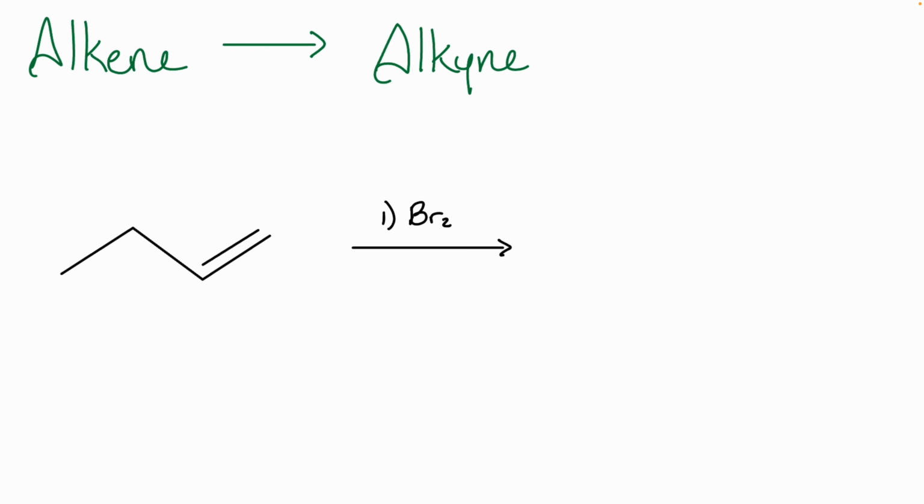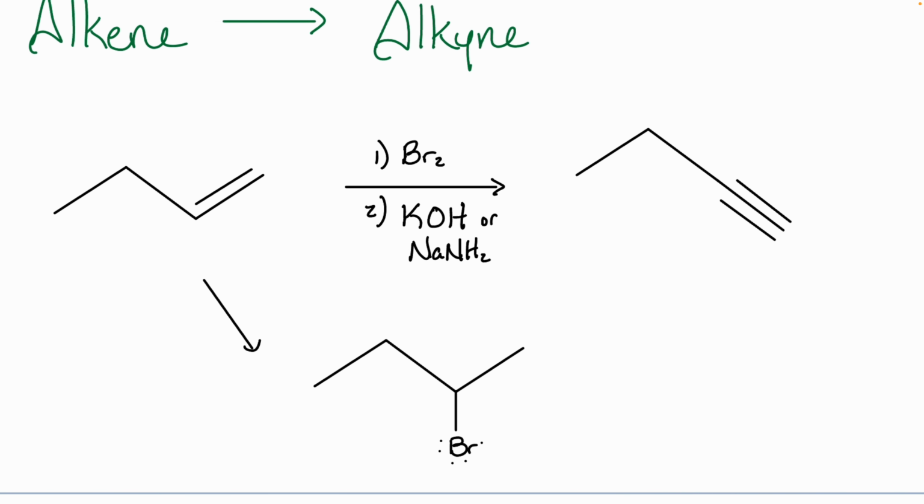That first step does exactly what we had learned in our previous chapter. It creates this halogenated product. It is important that there's two halogens on there, so this is a dihalide.